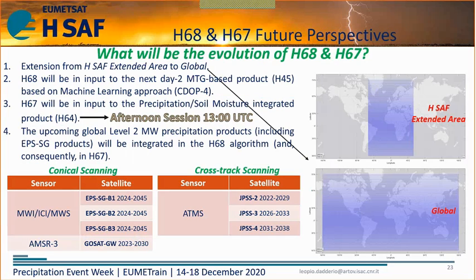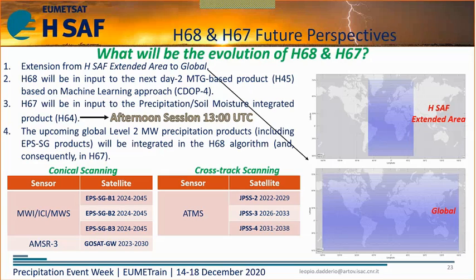And what will be the evolution of these two products? First of all, there will be the extension from the H SAF extended area to a global coverage, and H68 will be an input to the next day 2 MTG-based product based on a machine learning approach. And H67, on the other hand, will be an input to the precipitation soil moisture integrated product, H64.